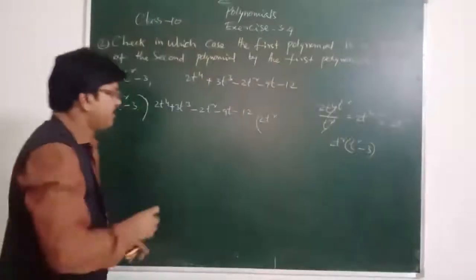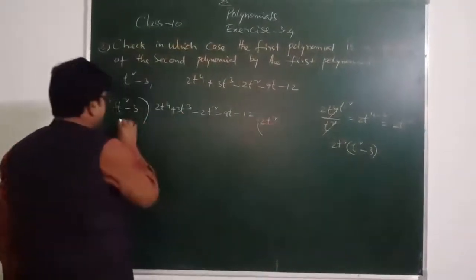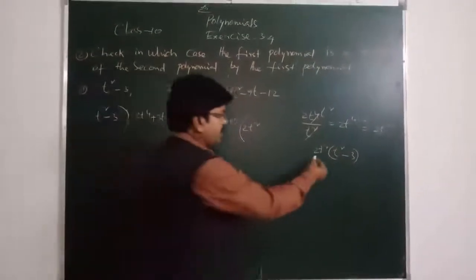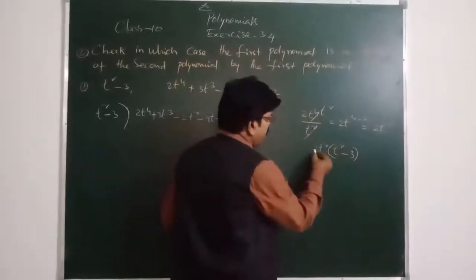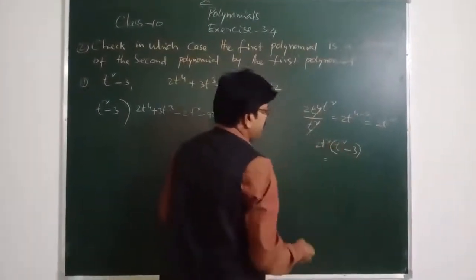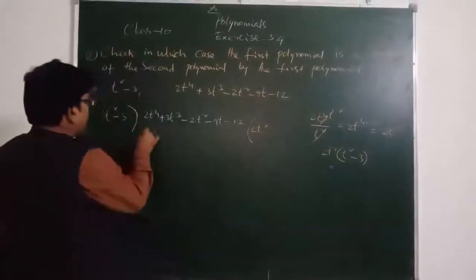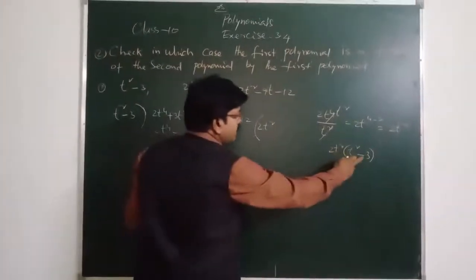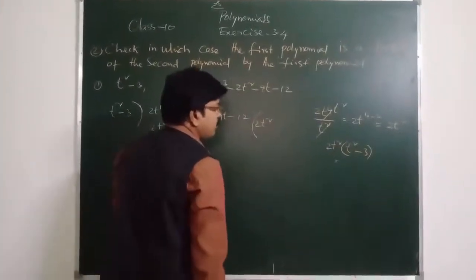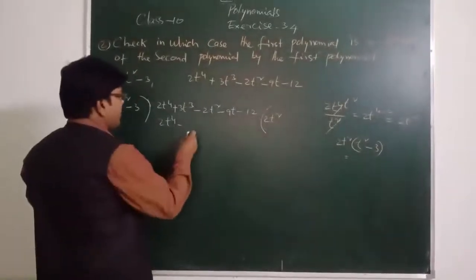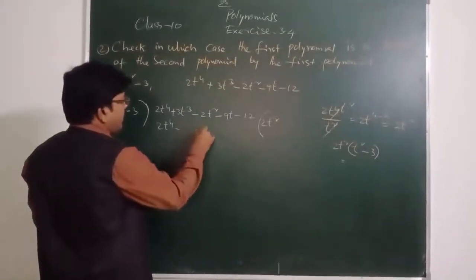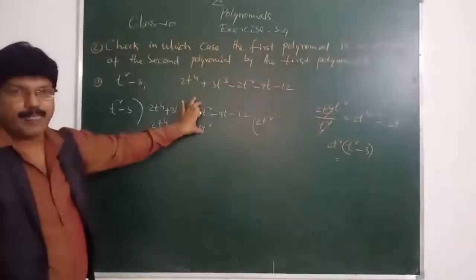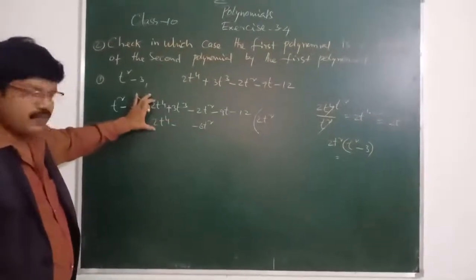We multiply the divisor by 2t square. I write here: 2t square into t square, 2t power 4, minus 3 into 2t square, 2 3s are 6, minus 6t square. We write minus 6t square because these are like terms.